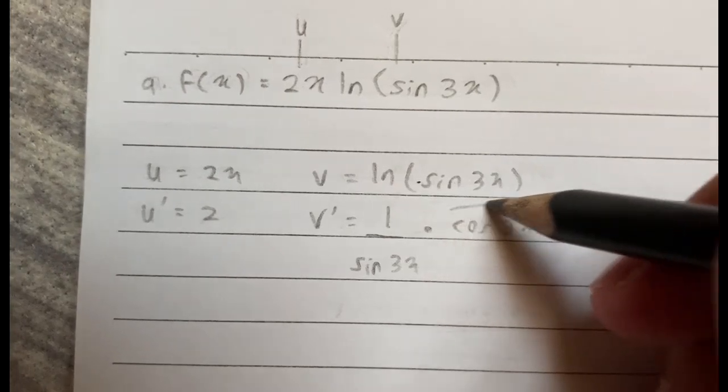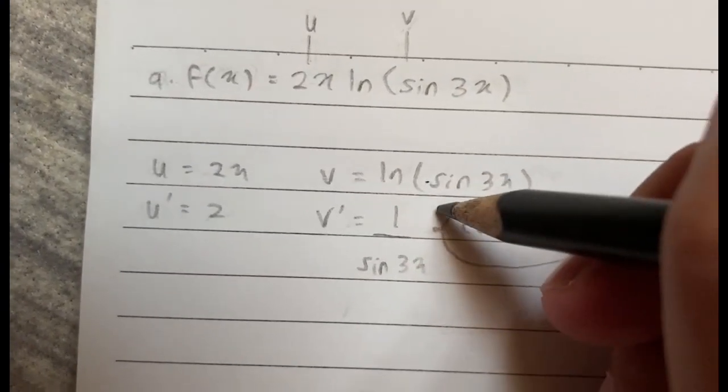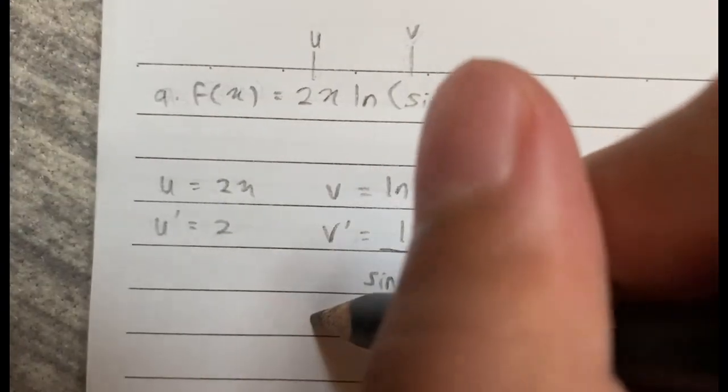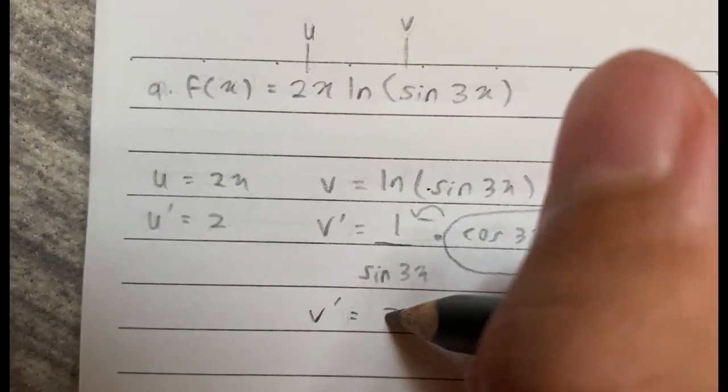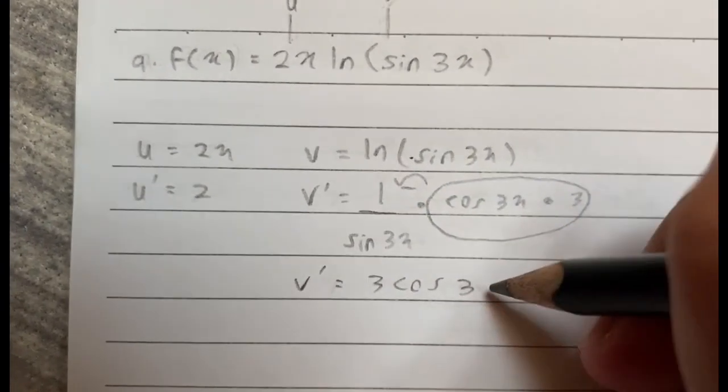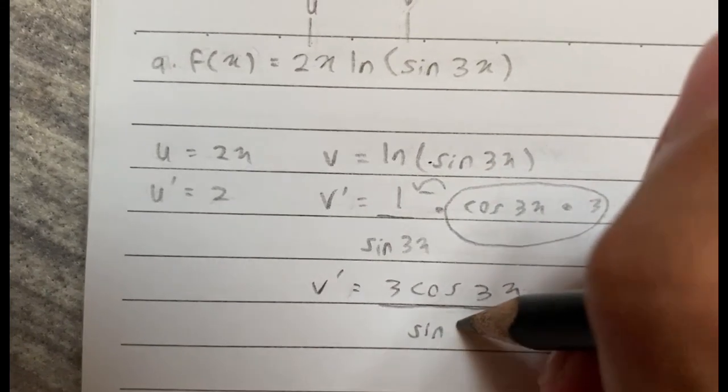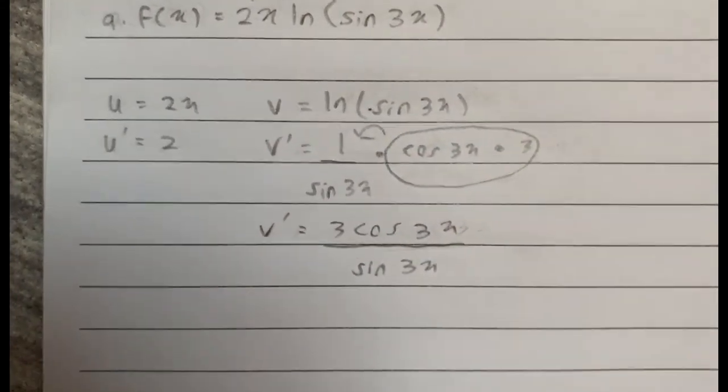Then we multiply on the numerator and we get v prime is 3 cos 3x over sin 3x.